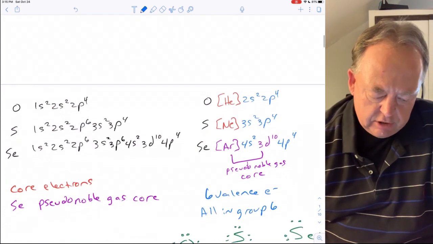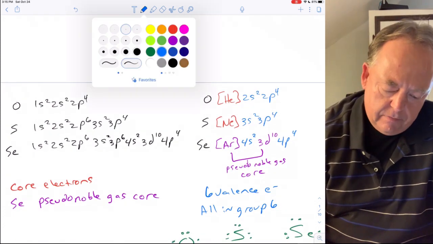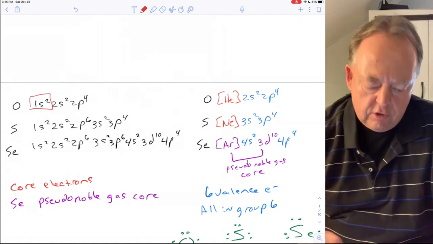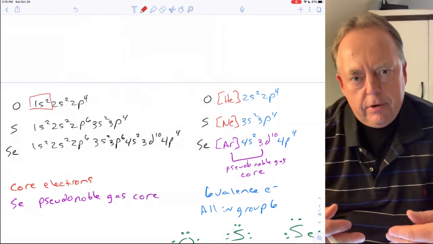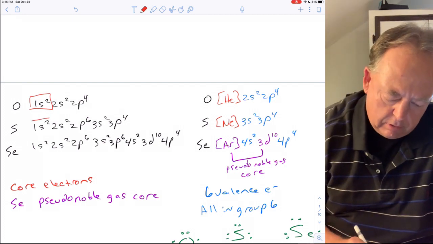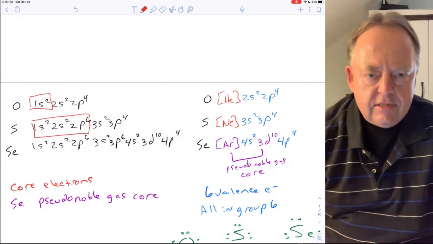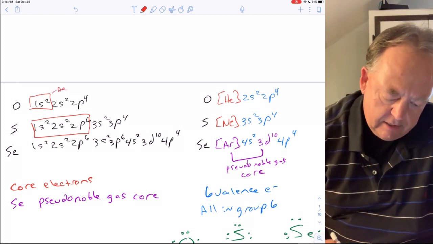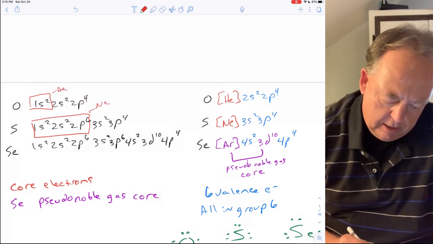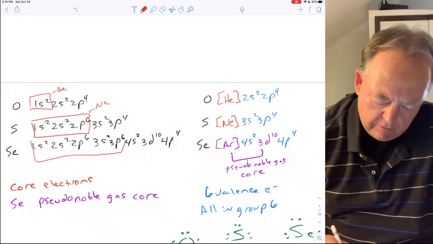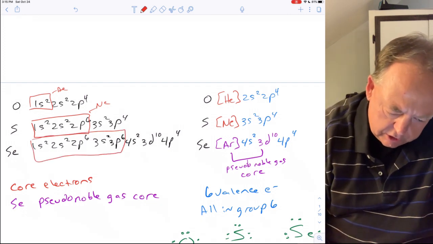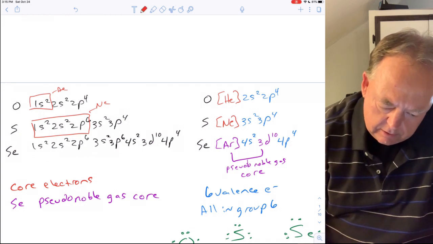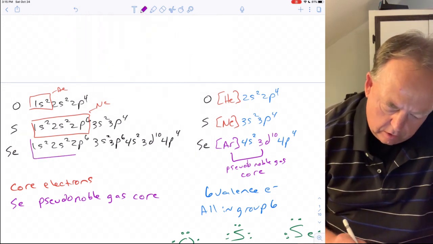So how about oxygen, sulfur, selenium? If we did the same thing, in oxygen the noble gas core is helium, 2 electrons. If you go down a period in the periodic table, sulfur is below it, so the next noble gas, 10 electrons, would be neon. So here we have helium, here neon, and then selenium, which would be argon, right?